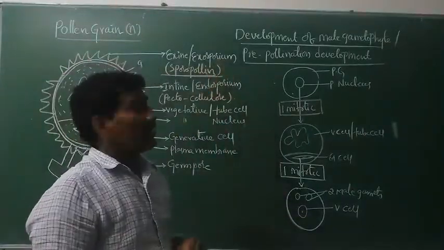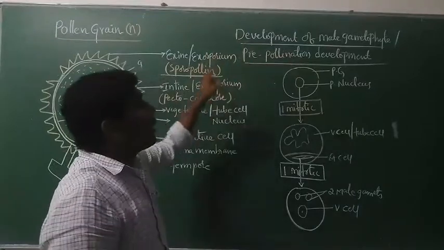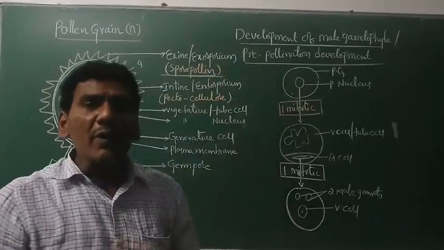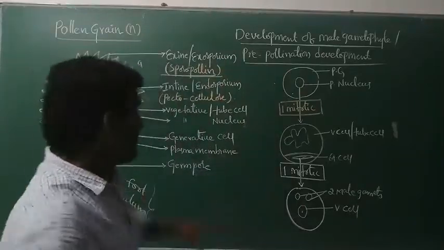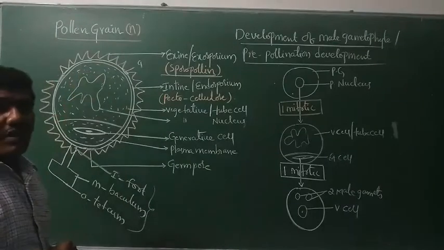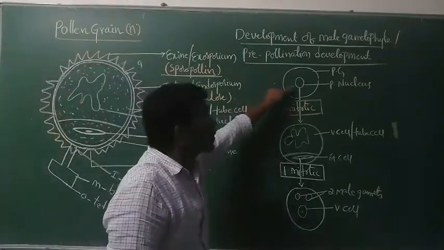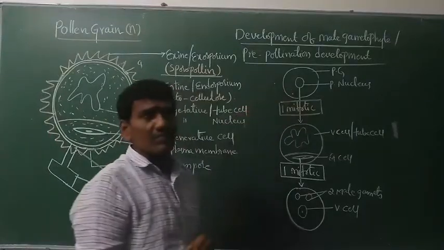Next one is development of male gametophyte, or pre-pollination development. What is meant by pre-pollination development? Here, this is one pollen grain. Inside the pollen grain, a nucleus is present, called the pollen grain nucleus.